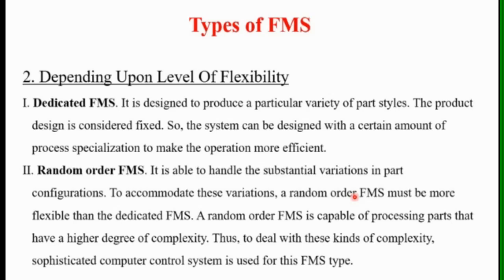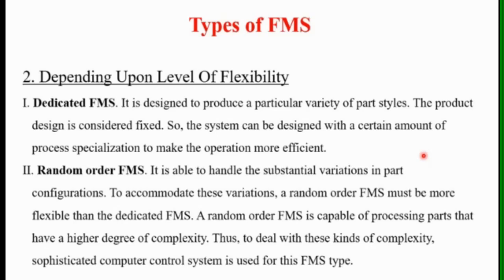But the random order FMS is able to handle substantial variations in part configurations. This system can handle various components and various products. To accommodate these variations, a random order FMS must be more flexible than the dedicated FMS. It is capable of producing parts that have a higher degree of complexity.